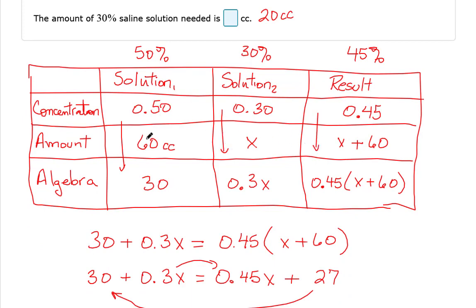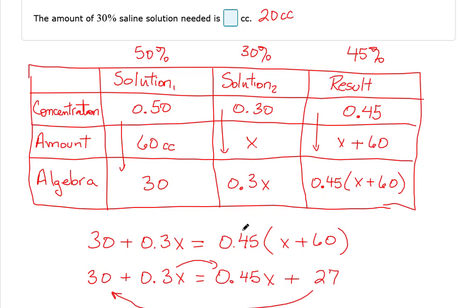So 0.5 times 60 is 30. 0.3 times x is 0.3x. 0.45 times this sum. And so I'm adding the first two together. You see, that's all we're doing here. Adding the first two together must equal the result.